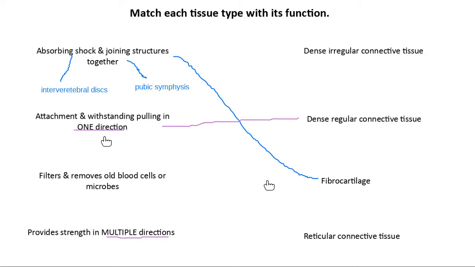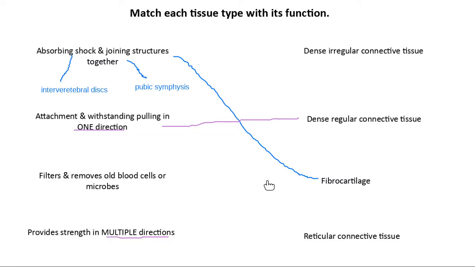So when we're talking about dense regular connective tissue, all of my proteins are arranged the same way. That makes me have a lot of strength in that one direction, that one way. So Alipina's totally right in our chat here.